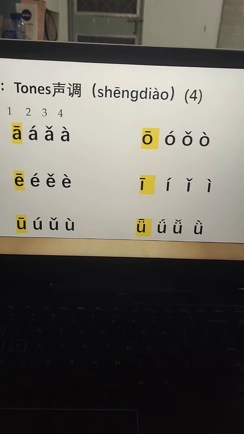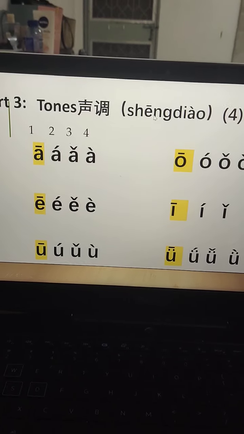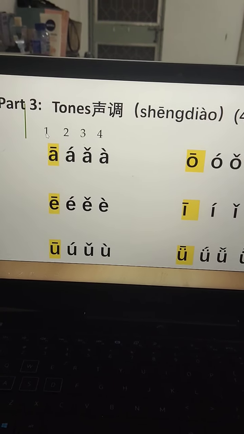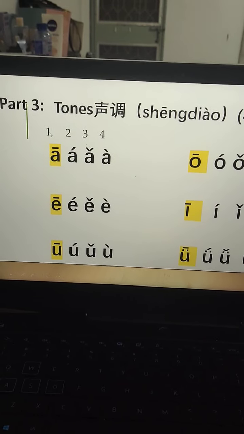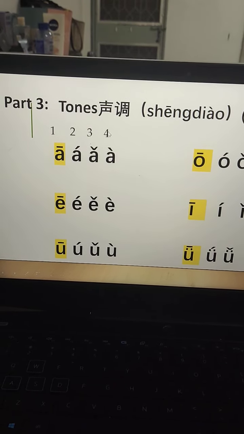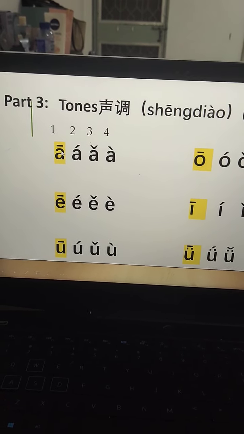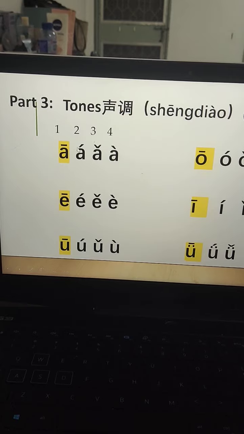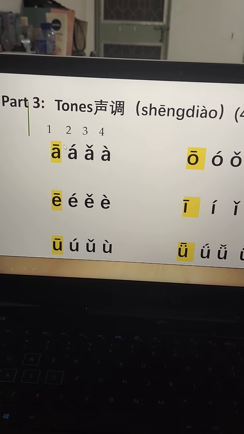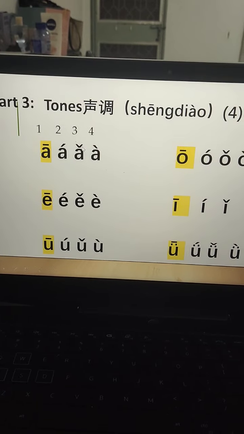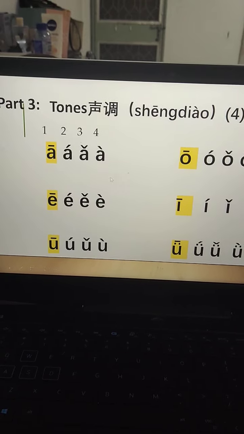Okay, now let's see the four tones. The tones, okay. We have four tones in Chinese: 1, 2, 3, 4. The first, the second, the third, and the fourth. So how to pronounce this one?